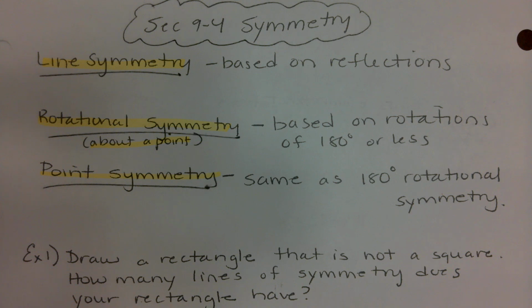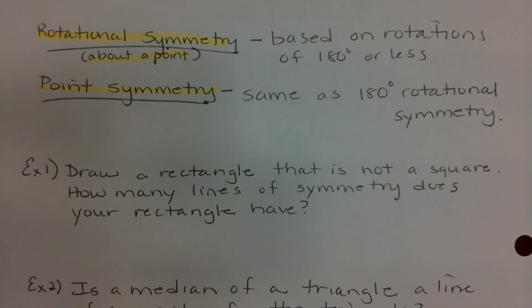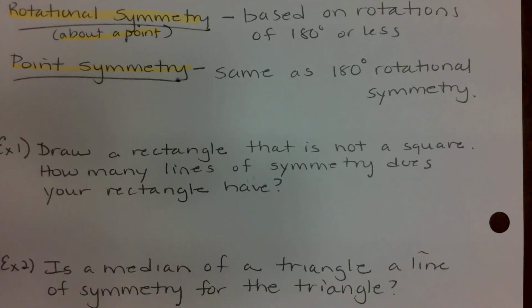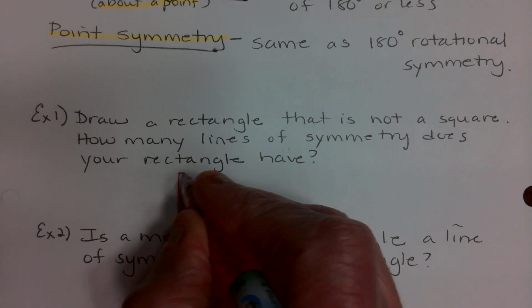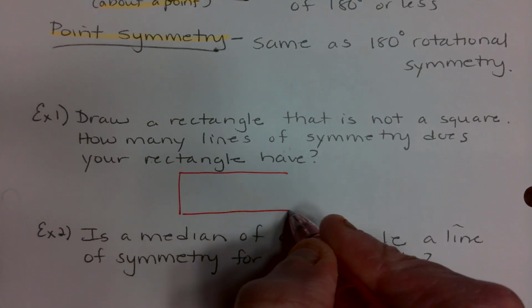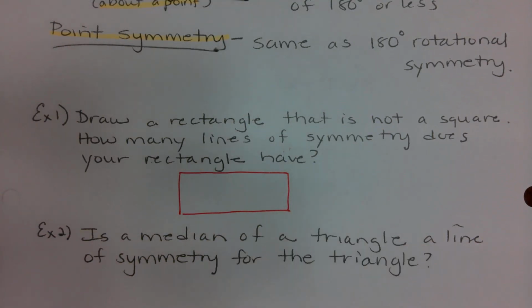So example 1. Draw a rectangle that is not a square. So first, you guys can do that. Draw a rectangle that is not a square. How many lines of symmetry does your rectangle have?